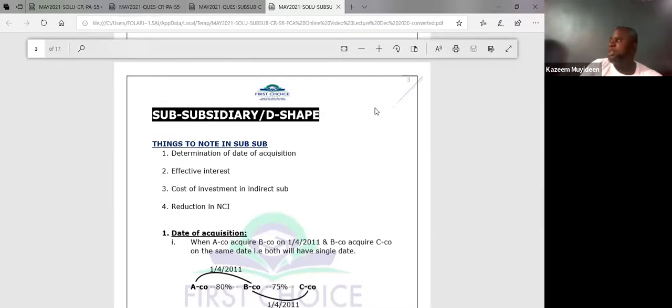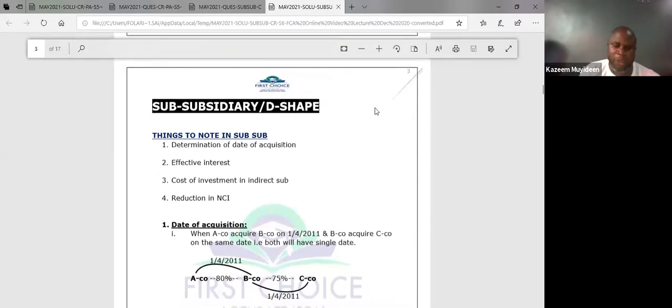What are the things to take note of in sub and D shape? One, determination of date of acquisition. What is the difference between the two? Subsidiary, which is also known as vertical group, and the complex group, which is also known as the D shape.